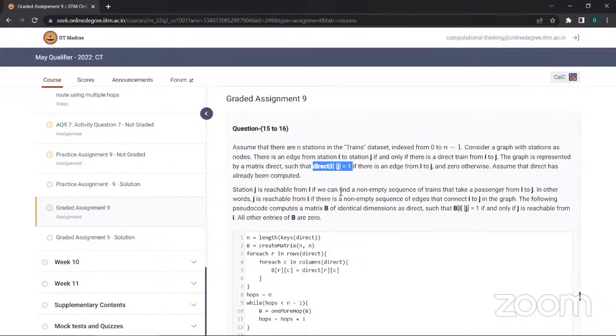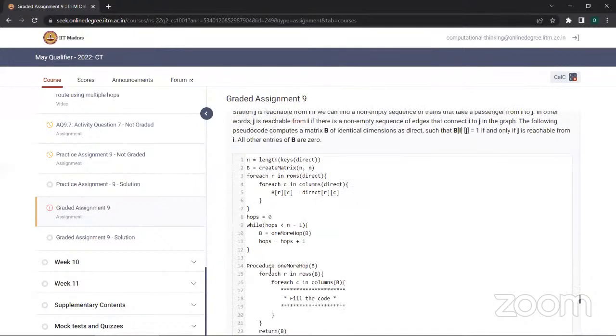It will be 0. But later on, we might find some train which is going from A to B and then coming from B to A. Because of that, if I and J are equal, it might become 1 after maybe 1 hop or 2 hops. There is a possibility, but initially, definitely it will be 0.